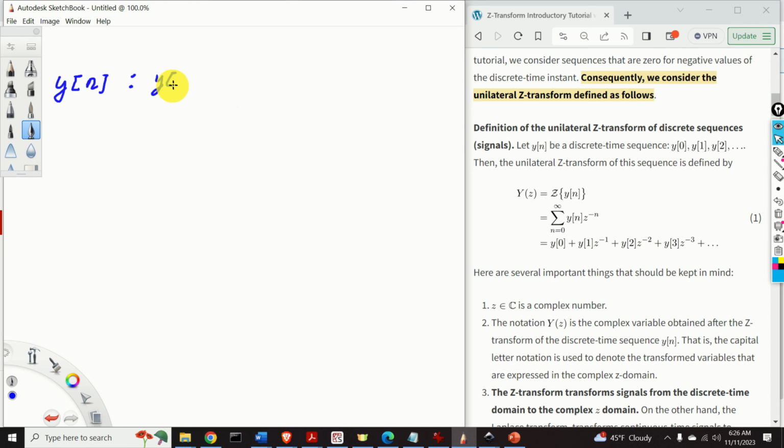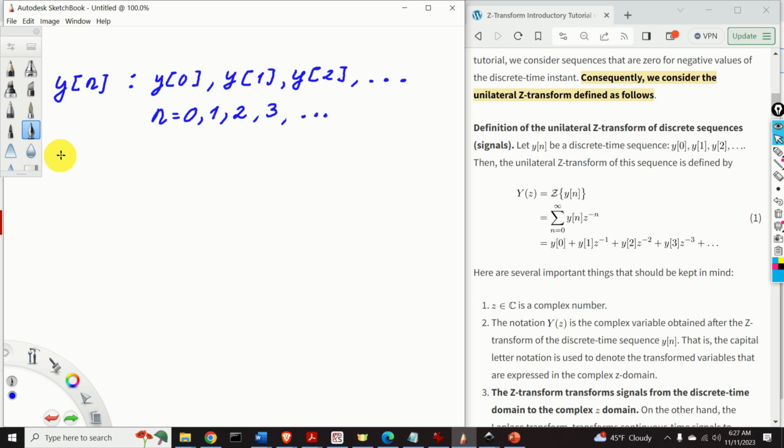y of 0, y of 1, y of 2, etc. Over here, y is the signal and n is a discrete time instant that can take values 0, 1, 2, 3, etc. Then the unilateral Z-transform of this sequence is defined like this.